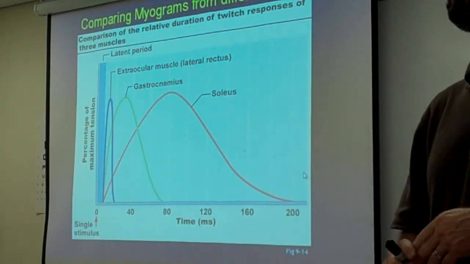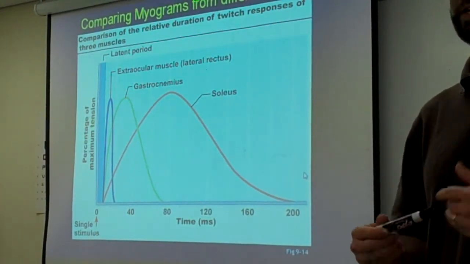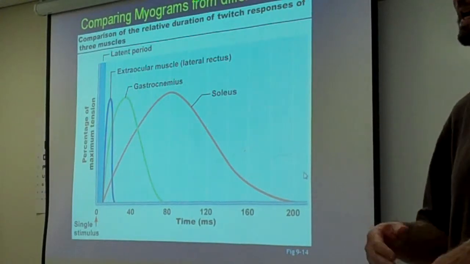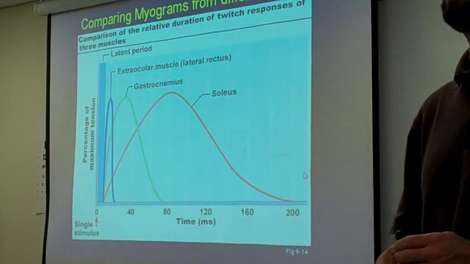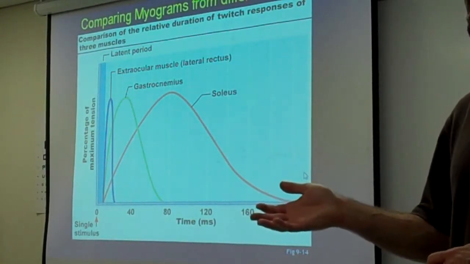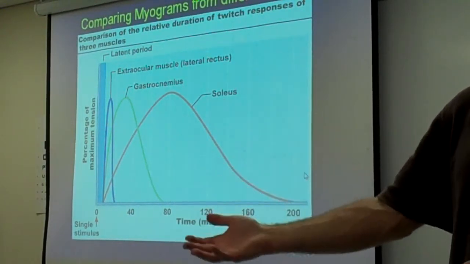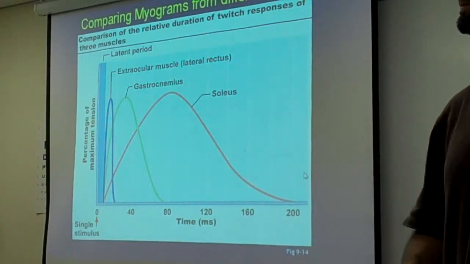So that name, slow oxidative, tells you the slow twitch fiber relies on aerobic pathways, on the oxidative pathways. And since that occurs in the mitochondria, who has more mitochondria? Slow twitch.